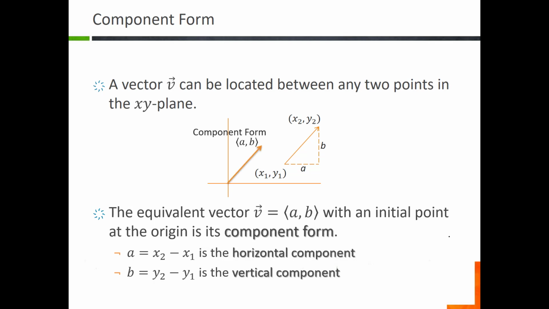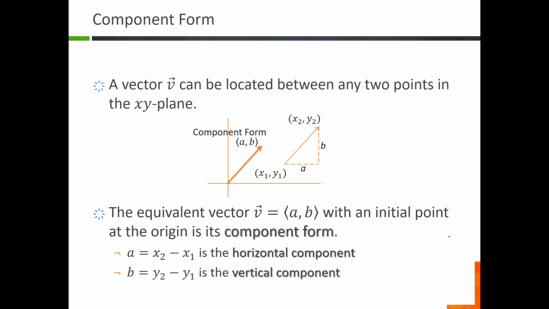Remember, two vectors are equal to each other if they have the same direction and the same magnitude. So if I take the vector from x1, y1 stretching to x2, y2, and create a copy of it starting at the origin, that vector would be the component form vector, and it's equal to my original vector because it has the same magnitude and same direction.